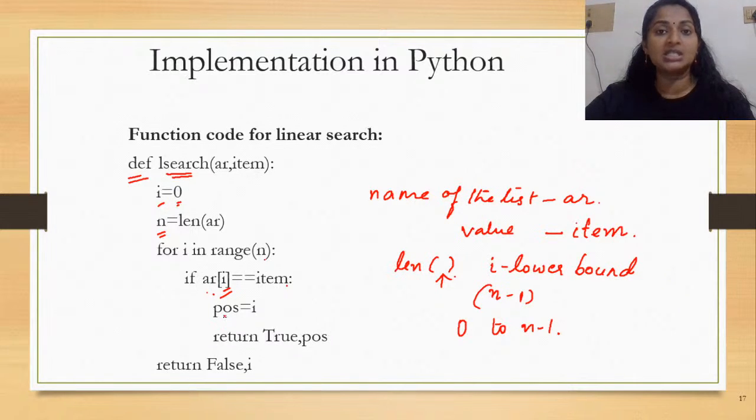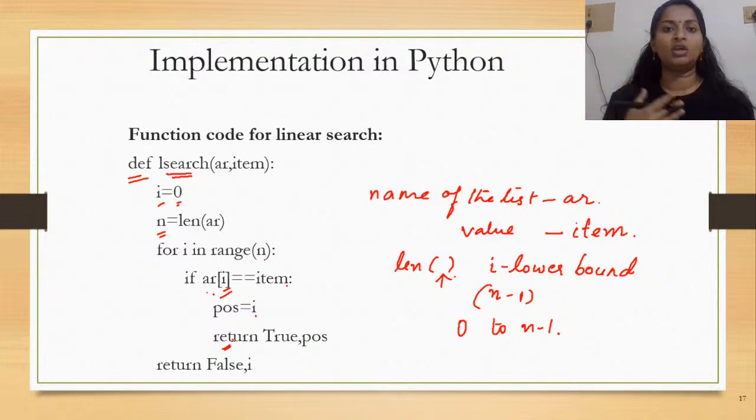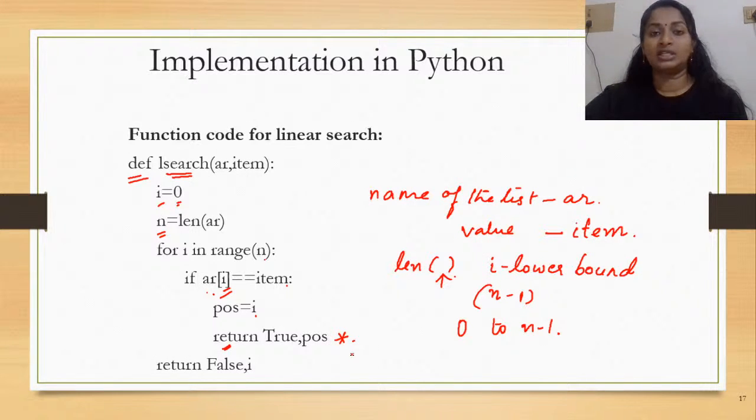What is i indicating? i is actually indicating the index or your position value, right? So I store the value of i in the variable pos, and then I'm writing immediately return. Now, what does the return statement do? It comes out of your function, right? So, the return statement is considered to be the very last statement of your function. But when will this particular return statement be executed? Only if the if conditional evaluates to true.